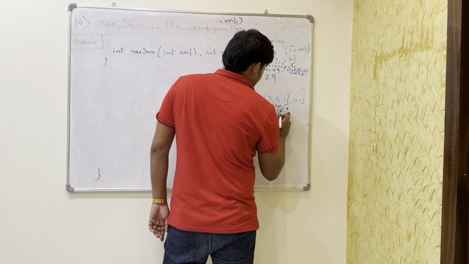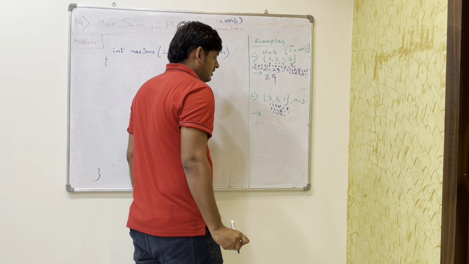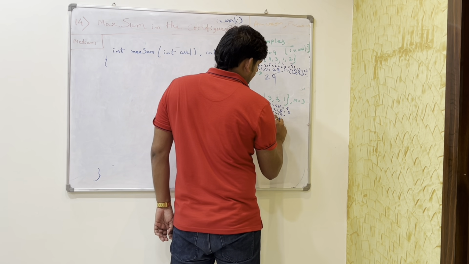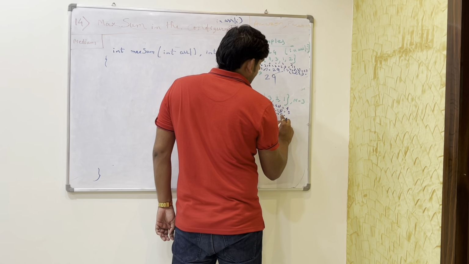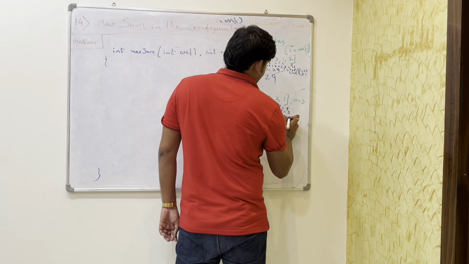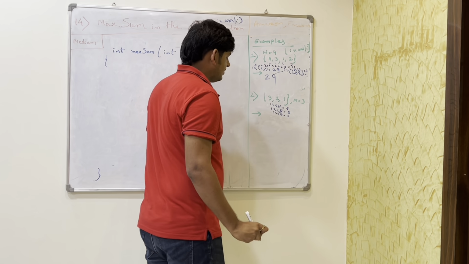And again, if it is rotated again, it would become 1, 3, 2, right? So for 1, 3, 2, the sum would be 1 into 0 is 0, 3 into 1 is 3, plus 2 into 2 is 4. 4 plus 3 is 7.